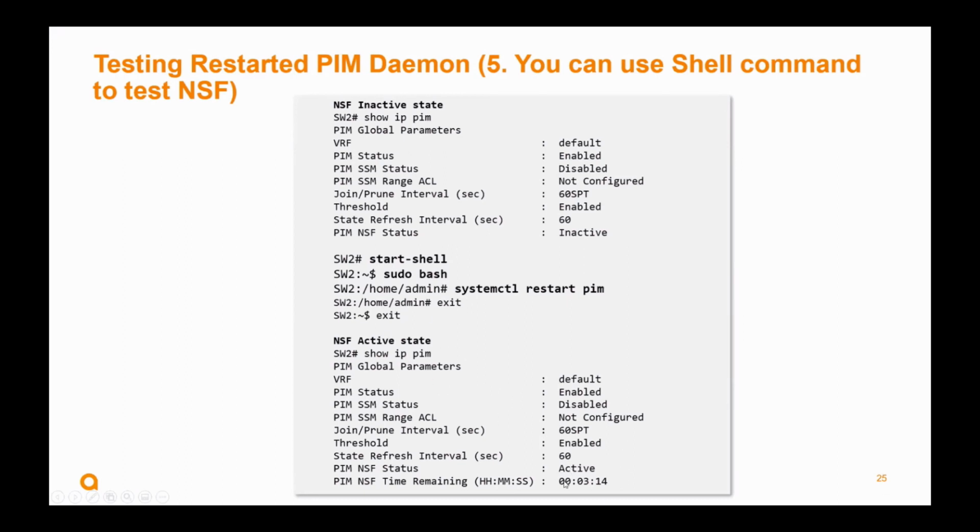Of course, you want to have your multicast stream running so you can actually see that there's no interruption in your multicast, and you can verify that the state is active and so on, and yet your multicast stream is still operational and uninterrupted. All right, Daryl, to you then for demonstration.